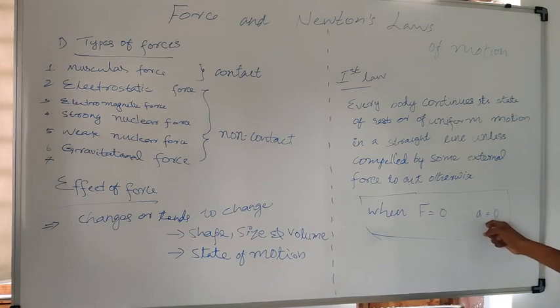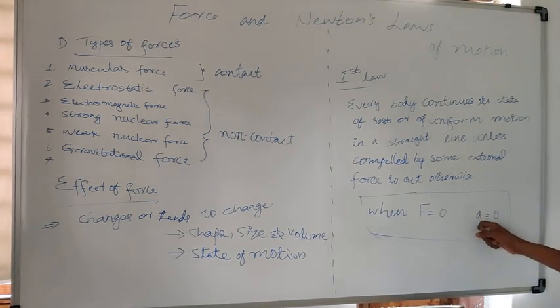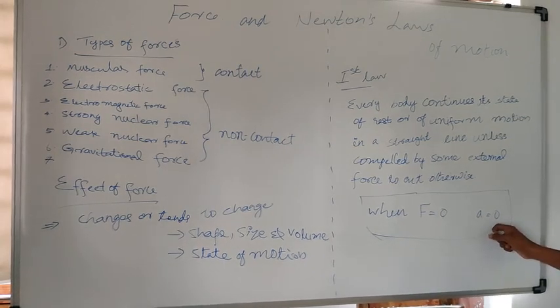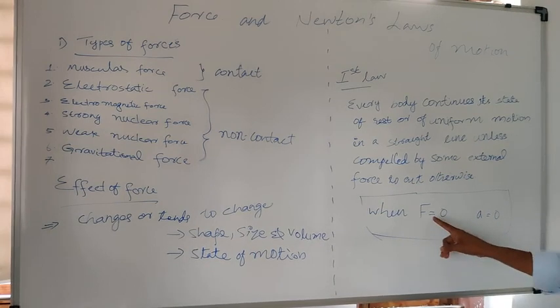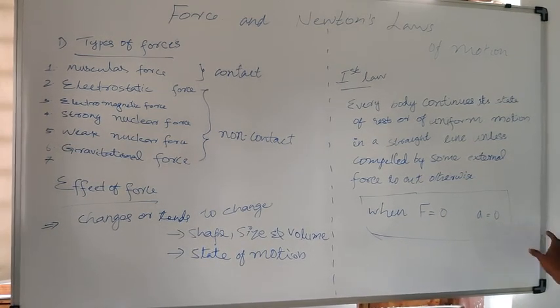So acceleration is 0. Or if the velocity is constant also, acceleration is 0. Acceleration is nothing but change in velocity divided by time. So change in velocity we will be getting 0. 0 by time is 0. So in either case acceleration is 0. So when force is equal to 0, acceleration is equal to 0. That is the first law.